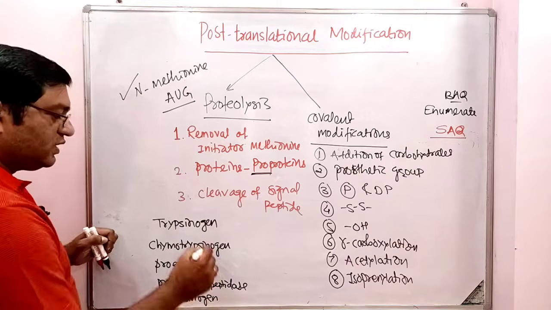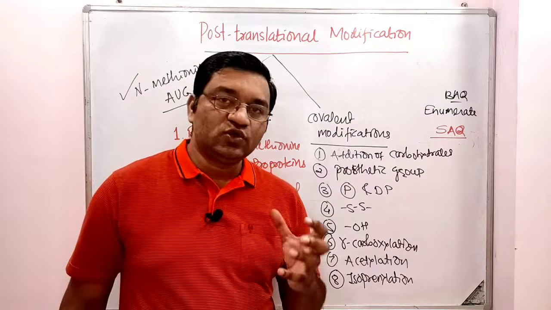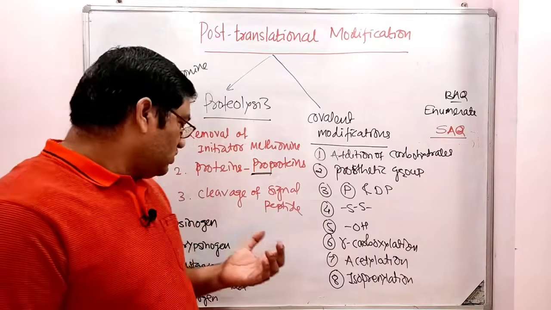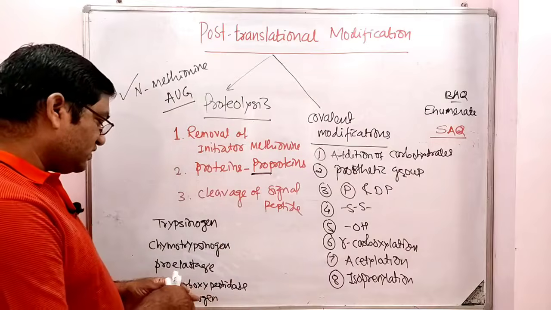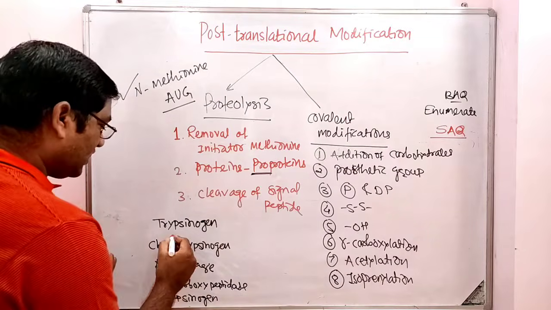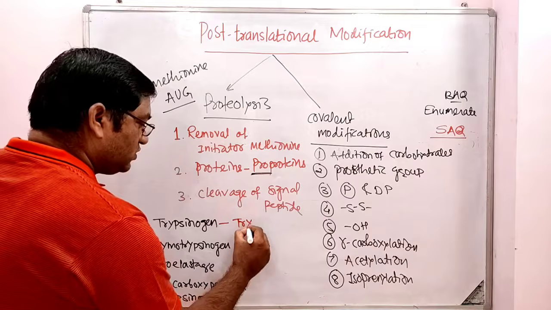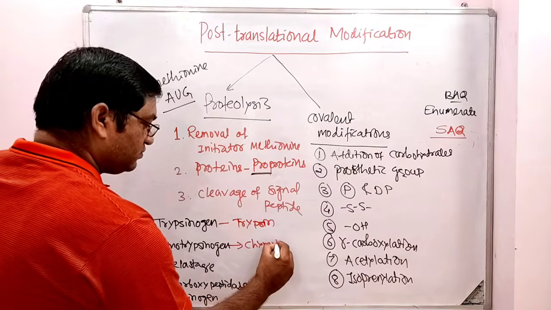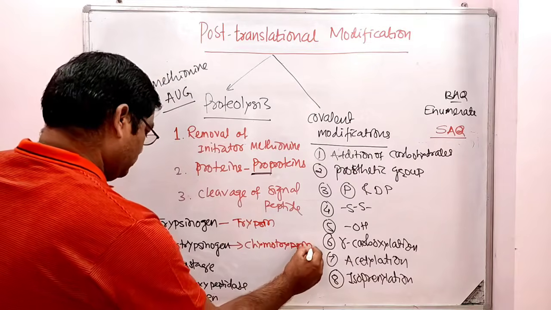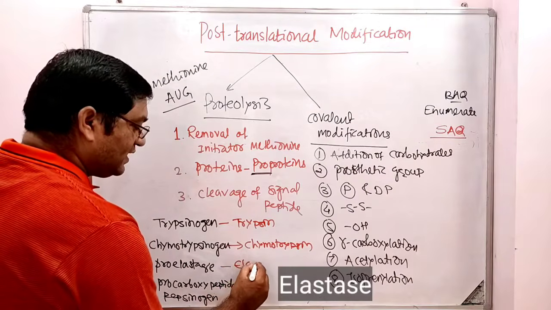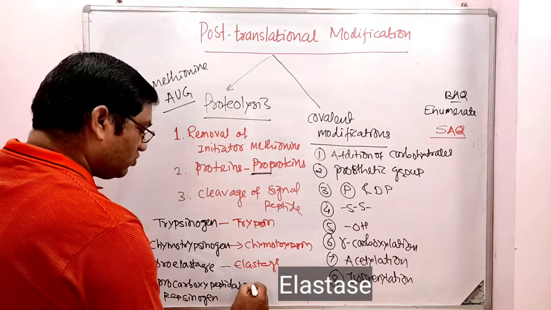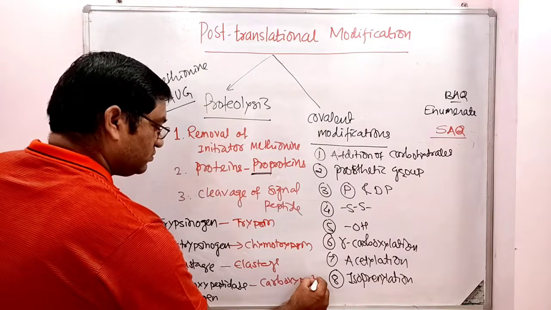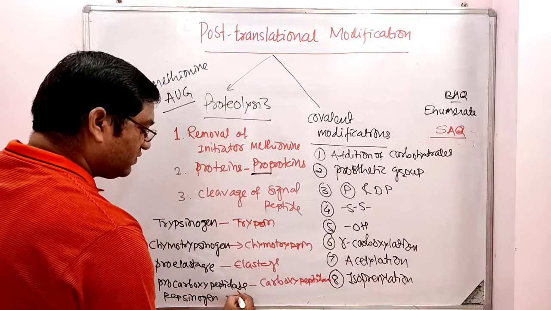So these inactive zymogens are converted into active ones by the removal of some peptide. So trypsinogen is converted into trypsin, chymotrypsinogen is converted into chymotrypsin, proelastase is converted into elastase, procarboxypeptidase is converted into carboxypeptidase, pepsinogen is converted into pepsin.